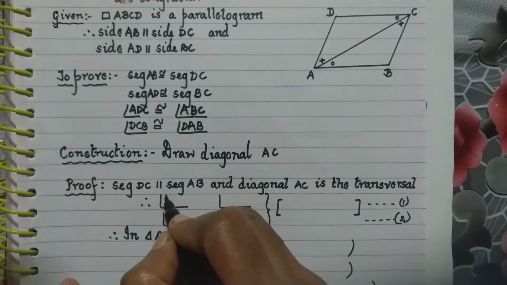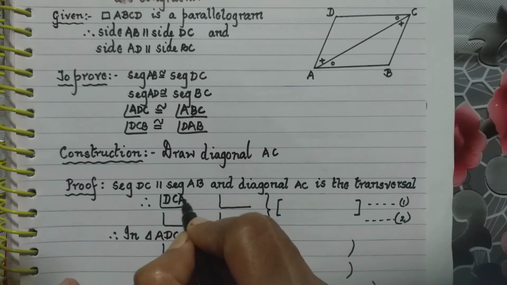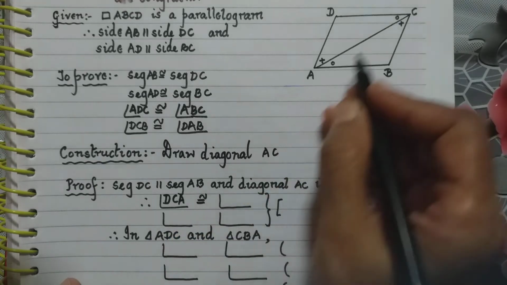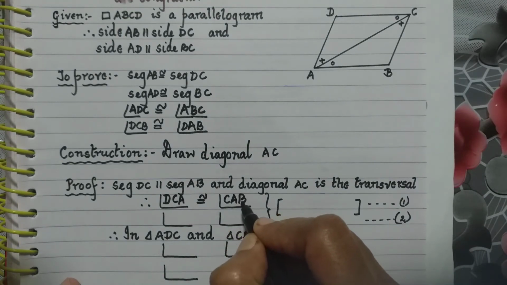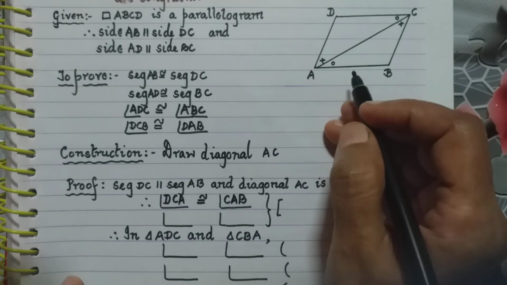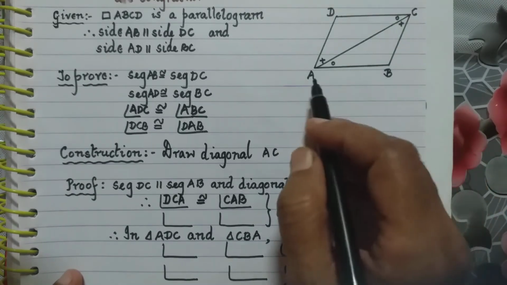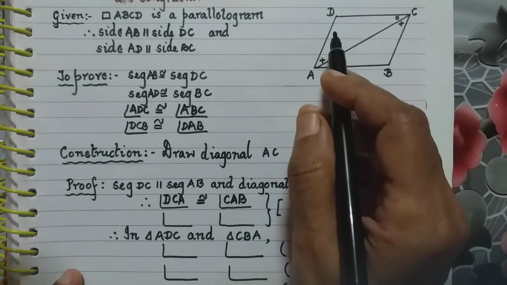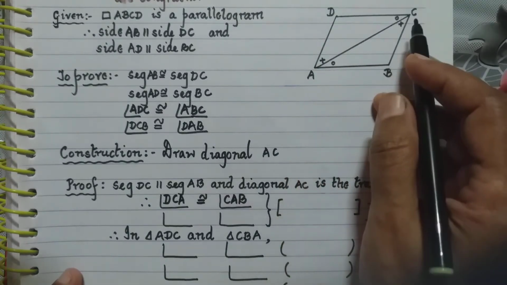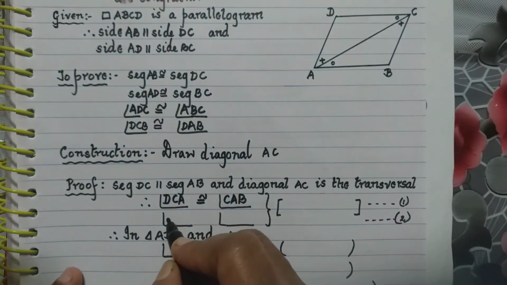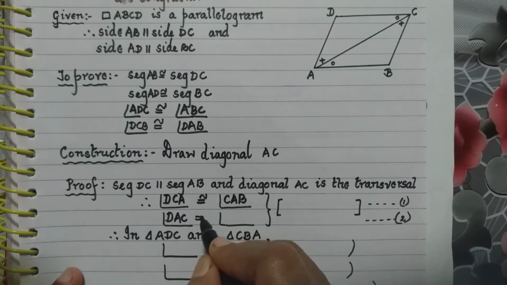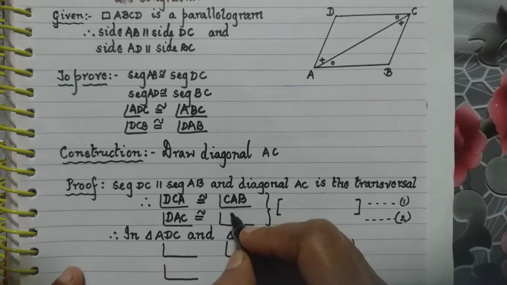So we write here angle DCA congruent to angle CAB. Also we have one more pair of alternate angles marked with a cross: angle DAC and angle BCA. So we write here angle DAC congruent to angle BCA.